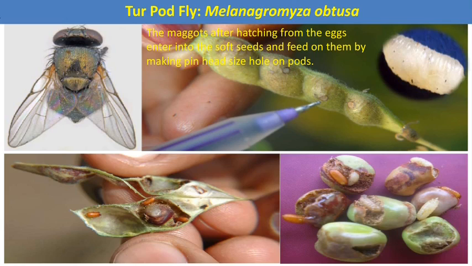In this slide, you can see the pinhead size holes made by the maggots of the tur pod fly. These maggots enter into the pods and feed on the developing grains, and pupation also occurs inside the pods. In case of severe infestation, the pods become shriveled and the grains become unfit for human consumption.